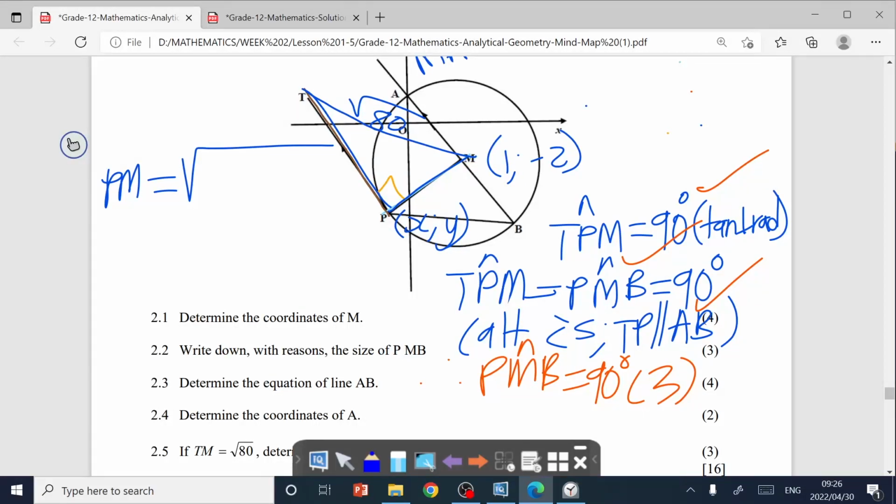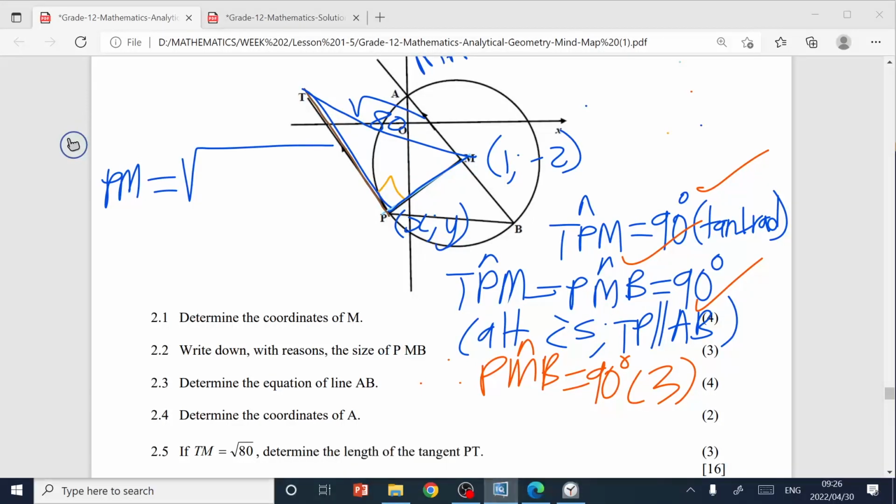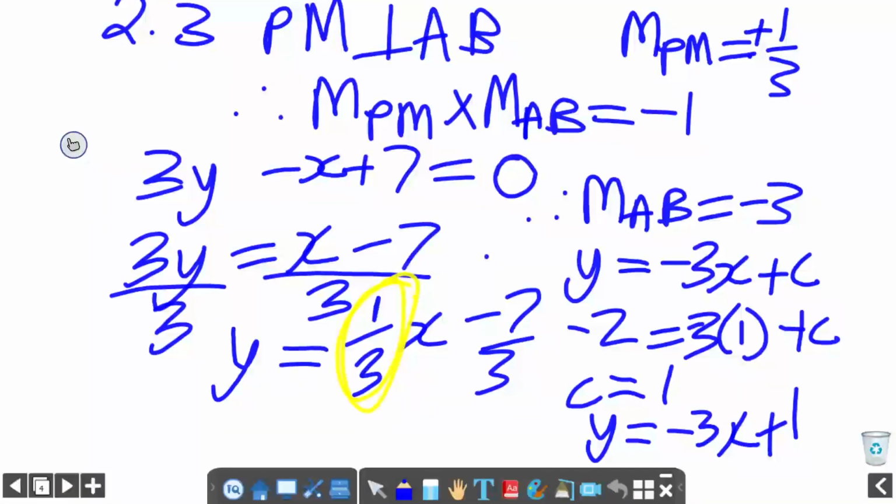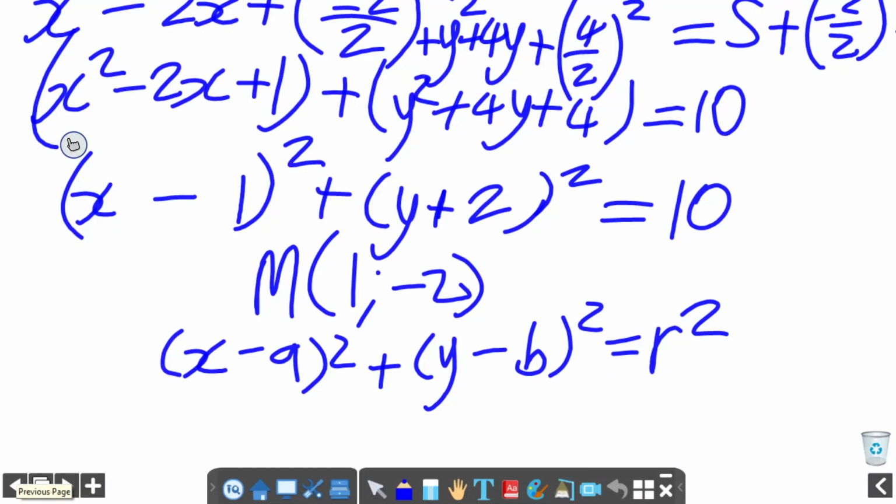Let's proceed. So, guys, listen. We got the equation where we're looking for M. Let's go back. We got the equation in the form (x minus a) squared plus (y plus b) squared is equal to r squared.